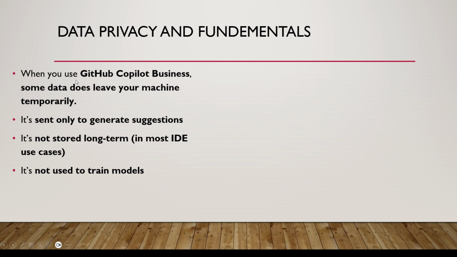In the case of the GitHub Copilot free version, GitHub uses your code to train its data. Whereas if we are using GitHub Copilot Business or above, certainly some data leaves our machine temporarily, and it is only sent to generate suggestions. It is not stored long term in most IDEs and use cases.